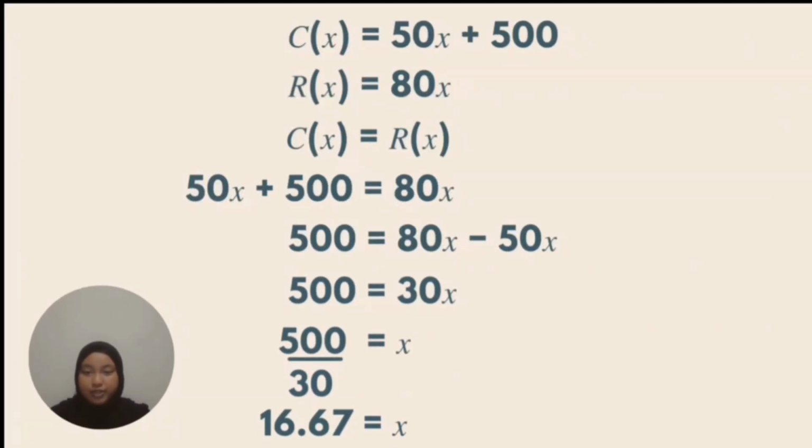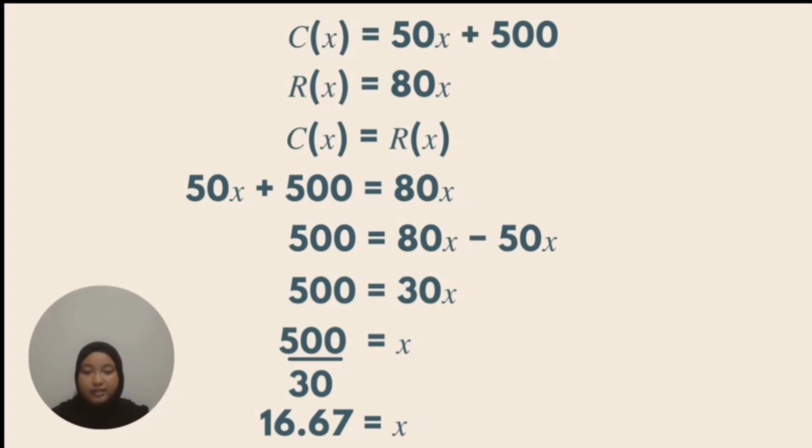So for the solution, we substitute the cost function and revenue function into the break-even point formula, which is cost function equal to revenue function. So we have 50x plus 500 equal to 80x. So 500 equals 80x minus 50x. 500 equals 30x. 500 over 30 equals x, and the answer is 16.67.